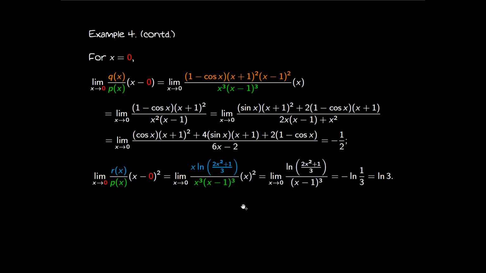And then we can check the second one. This is R over P, times the x minus singular point squared, right? So in this case, once again, we first of all do all the possible cancellations, right?